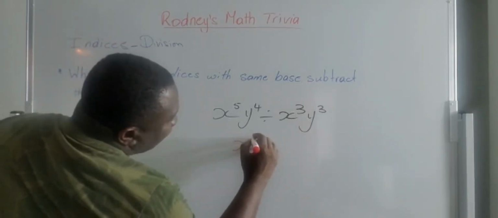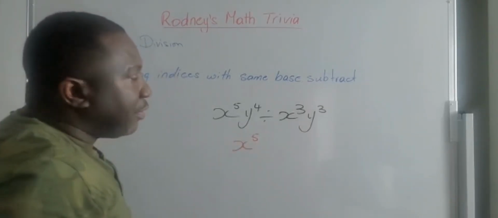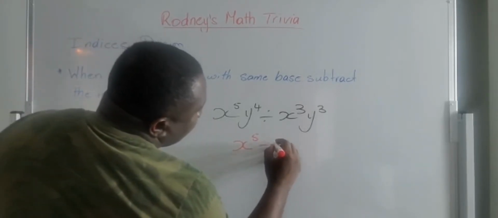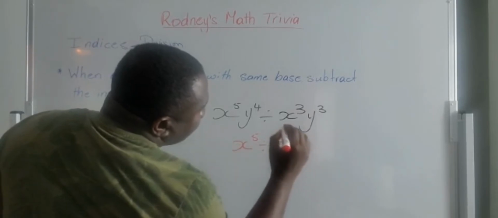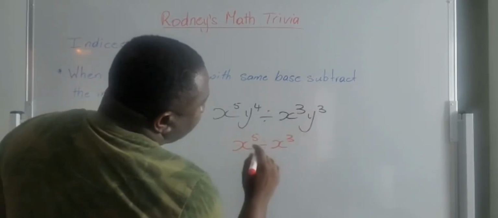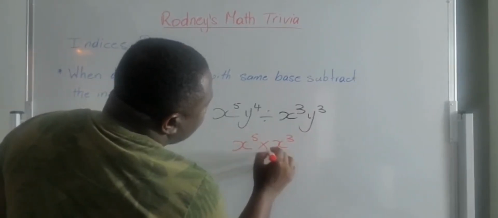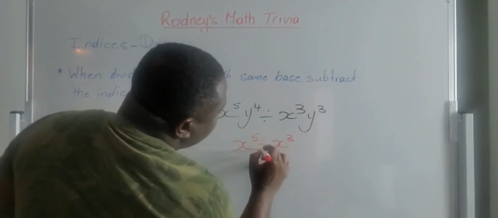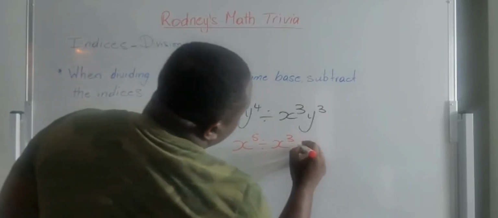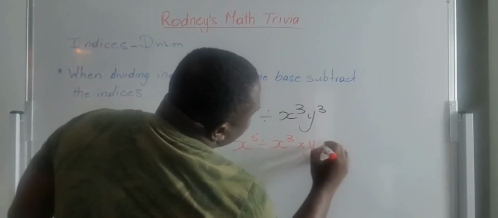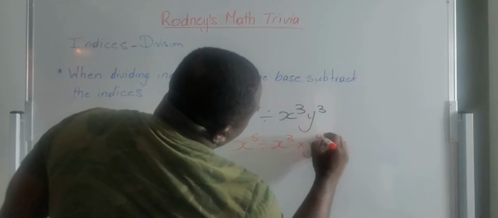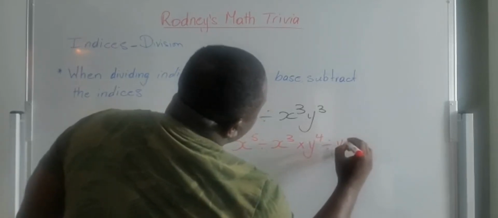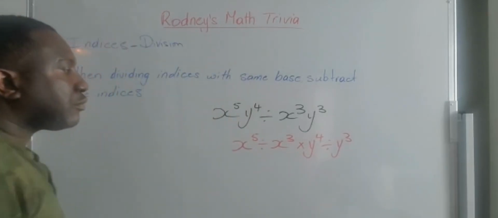So x to the 5th power divided by x to the third here, sorry. y to the fourth divided by y to the third.